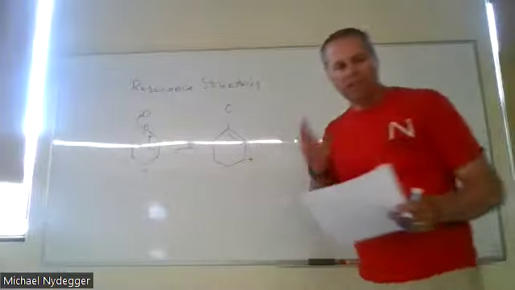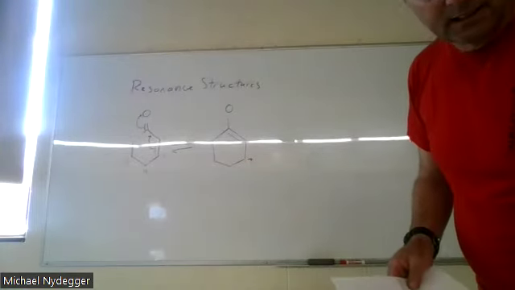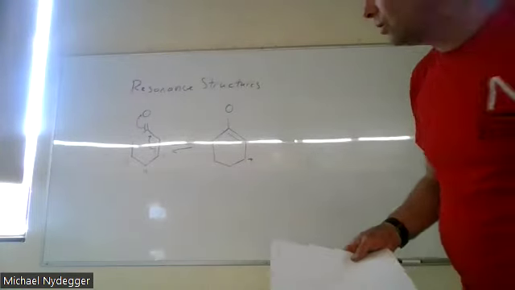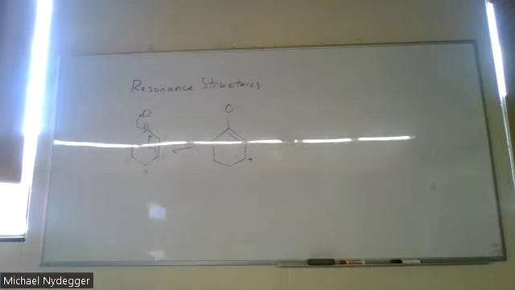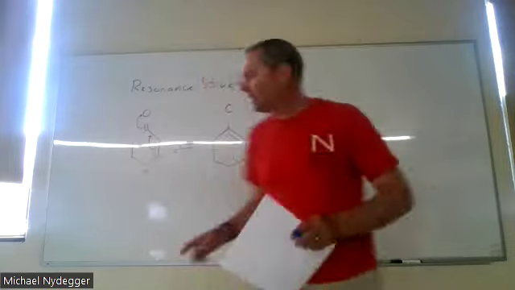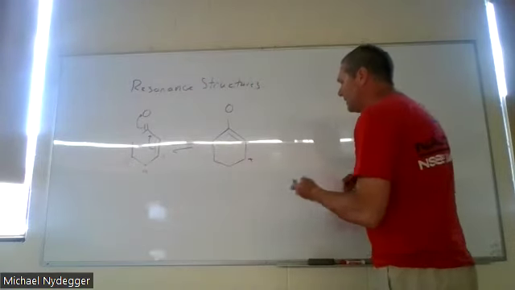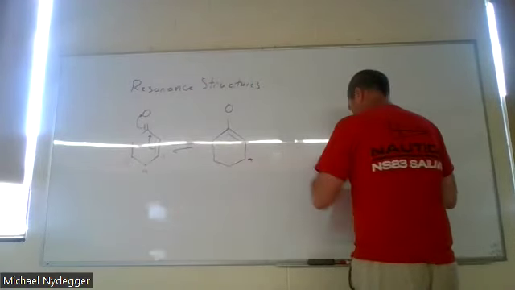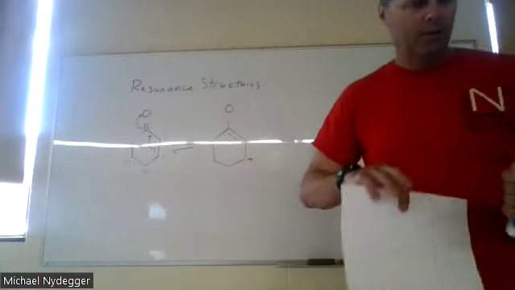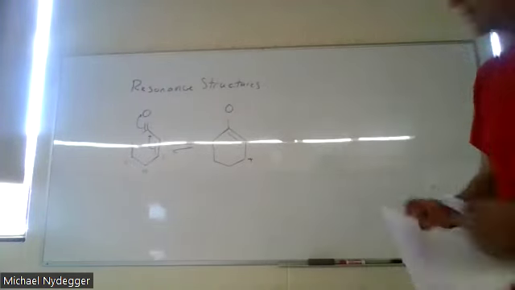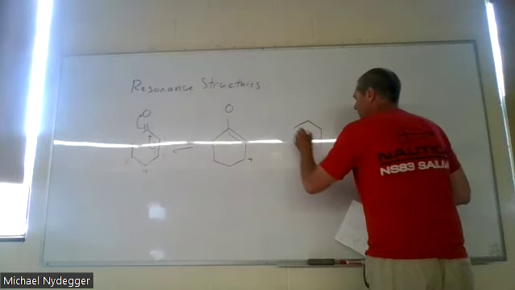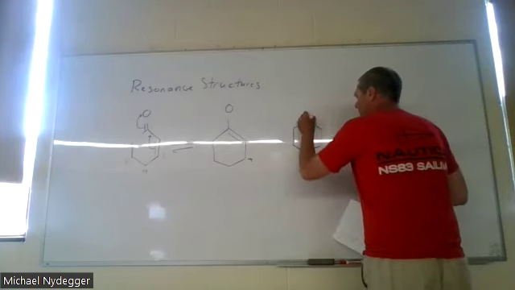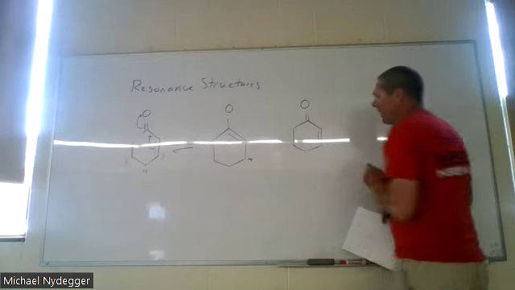Now, just to get your mind into thinking about this, because this gets to be a little bit tricky. So this hopefully makes some sense. Now, let's say that we go back to the original molecule. We have that.